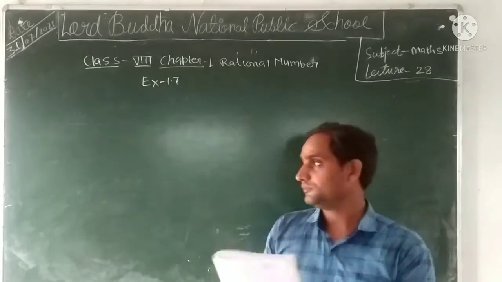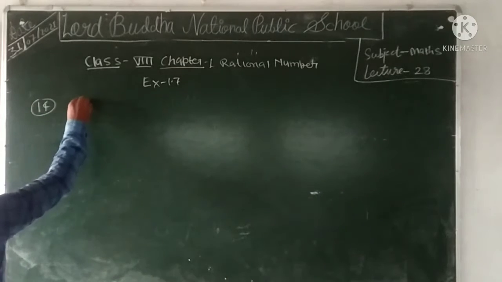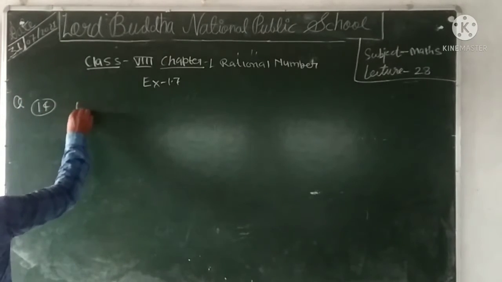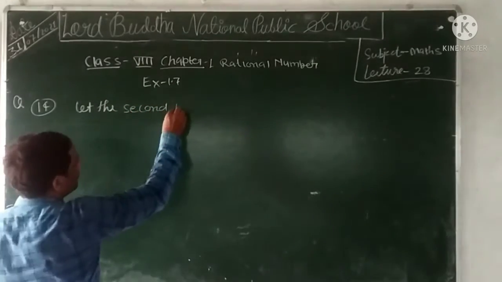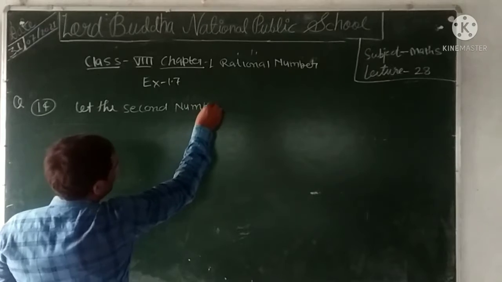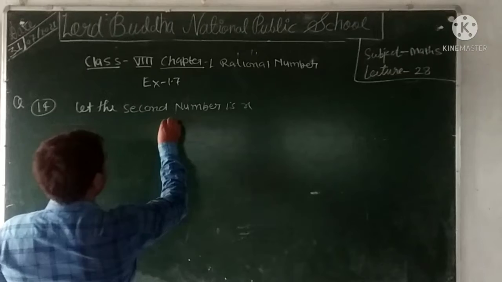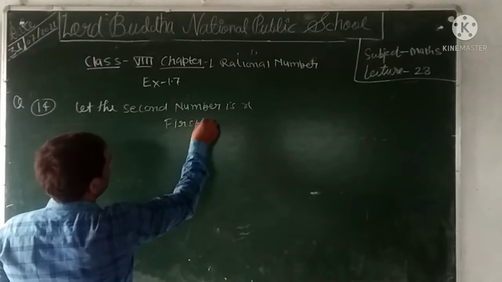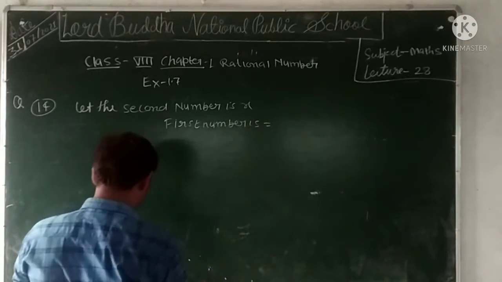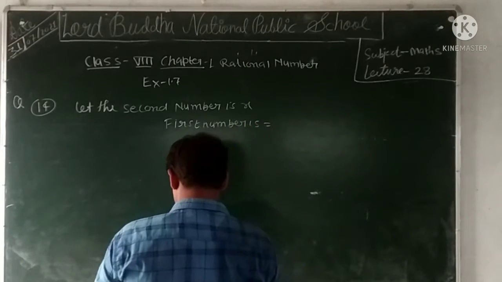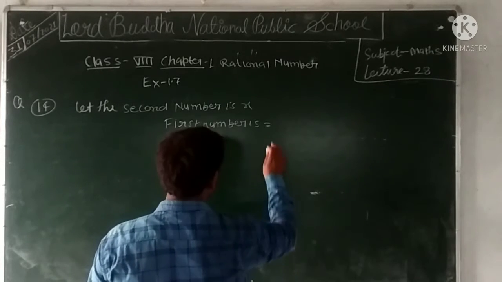Question 14. Let the second number be x. The first number is given as 9 whole 3 upon 7.